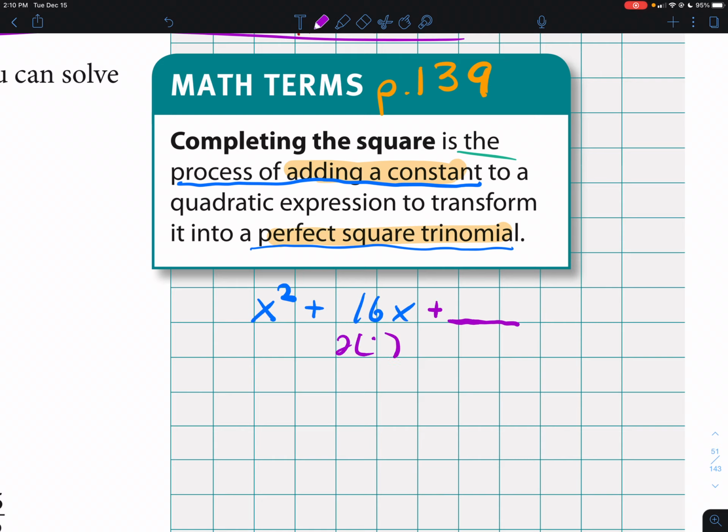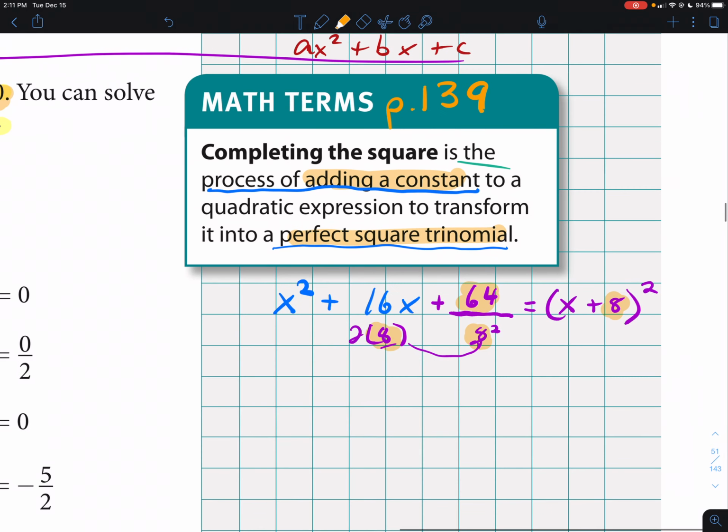Well, that would be 8. And if we want this to be a perfect square, then we would take the 8 and square it to get 64. So that would factor into being x plus 8 squared. You double the 8 and square the 8 to get 64. Okay, so that's the pattern.